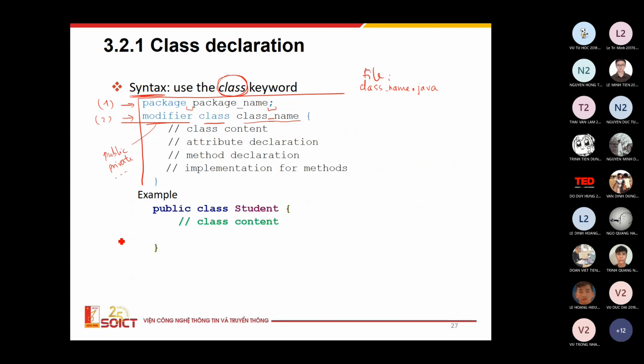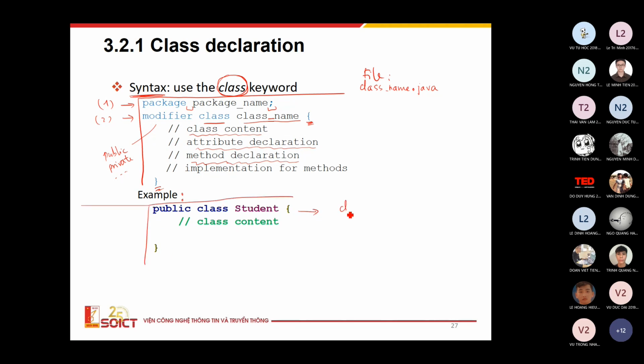This is the definition of your class. And then you have this block of code, and inside this block of code will be the class content. Okay. You will have the attribute declaration here, and you will have the method declaration here.